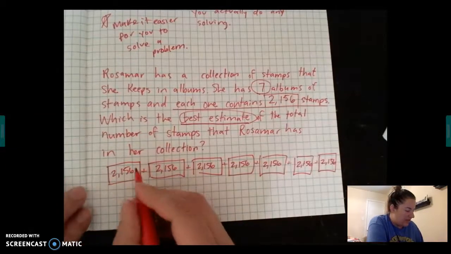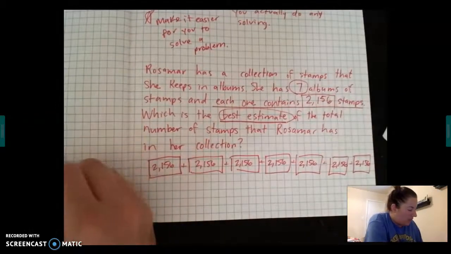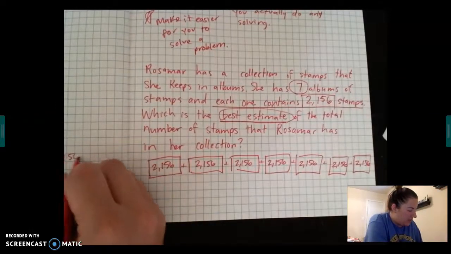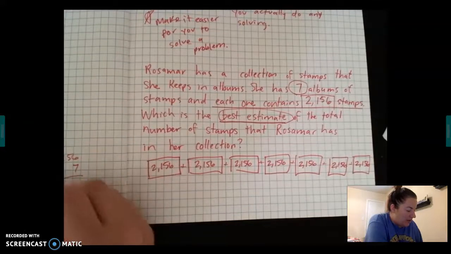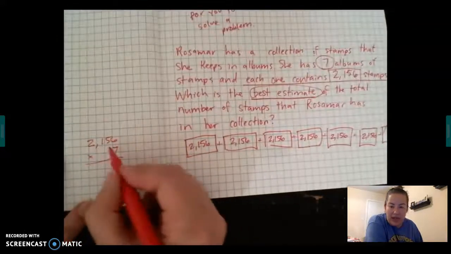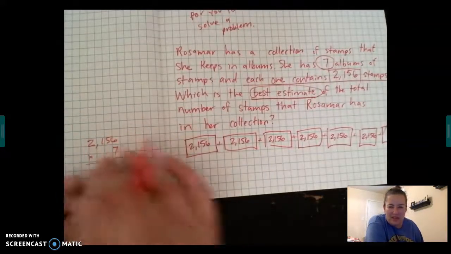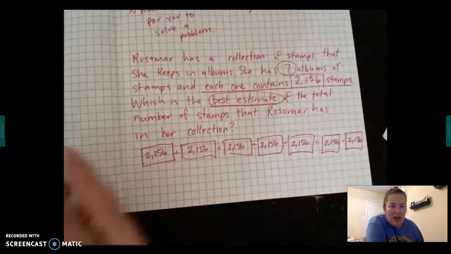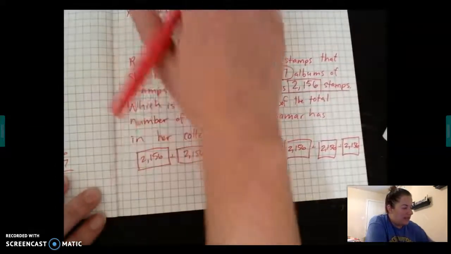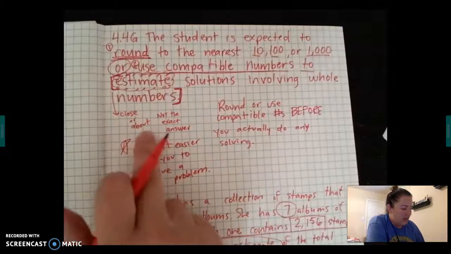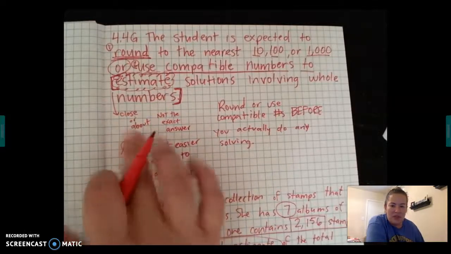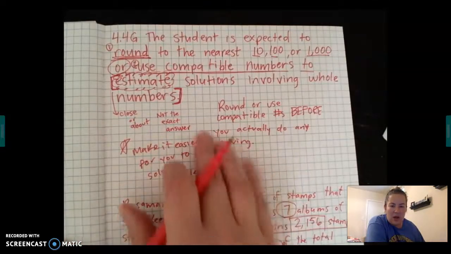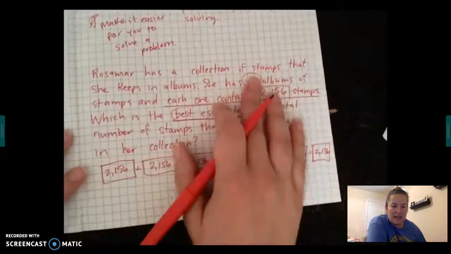If I was going to do the exact, I could also multiply it, right? 2,156. We're going to learn how to do this week and multiply it out, but still, that's a lot of math. What I want to do, according to this TEK, is I just want to get close or about the same number. I'm not going to look for the exact answer.